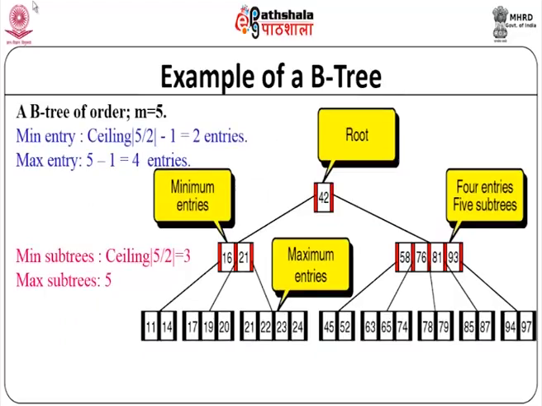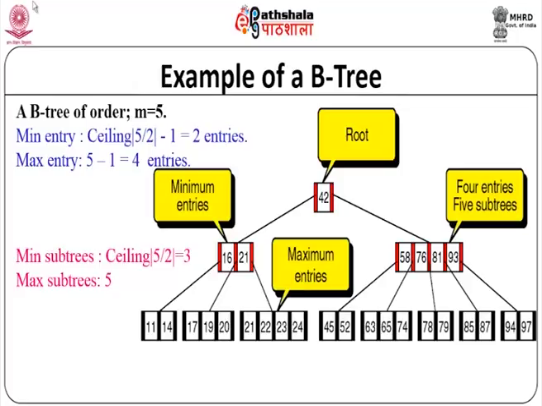Now, let us take an example of a B tree. So, a B tree of the order of m is equal to 5, the minimum entry is 5 by 2 minus 1, that is equal to 2 entries. So, each node can have a minimum of 2 entries and the maximum entry is 5 minus 1, that is 4. So, actually this is a 2 3 4 tree and the minimum subtrees is 3 and maximum subtrees is 4 plus 1, that is 5.